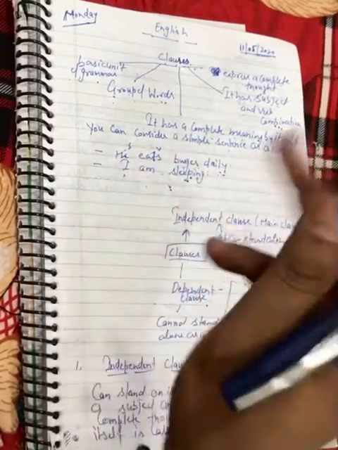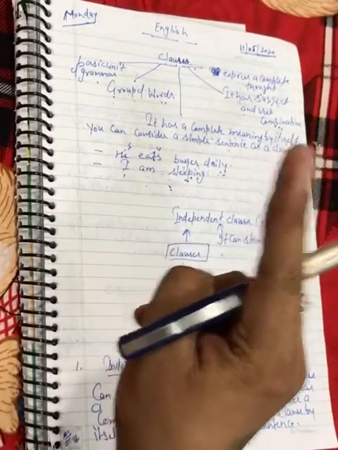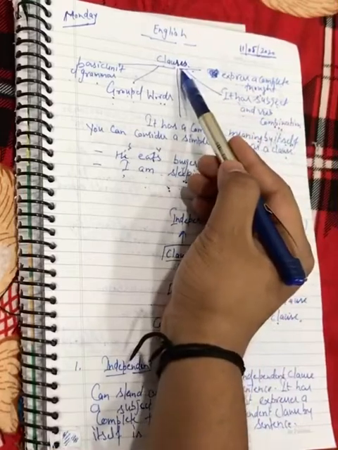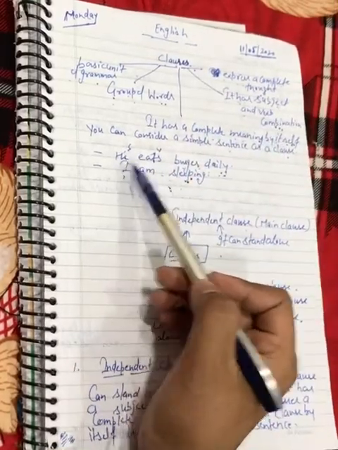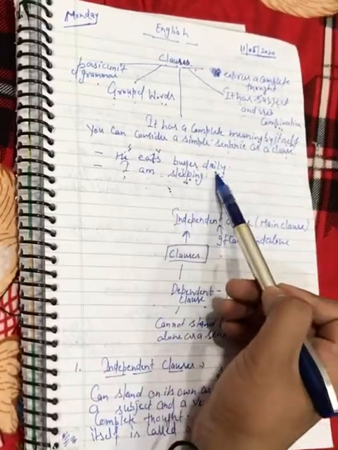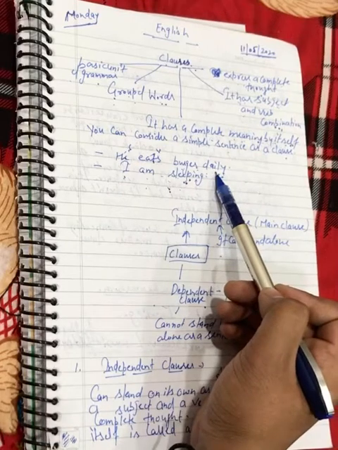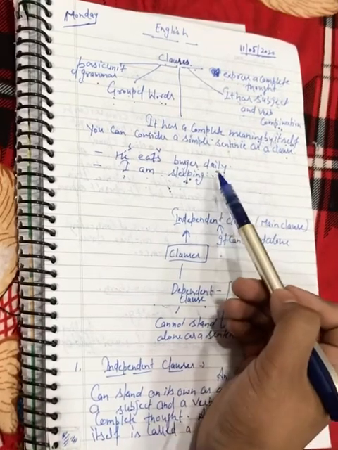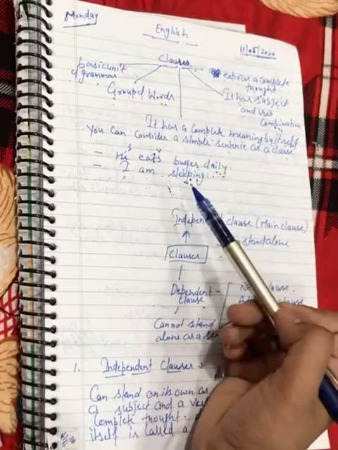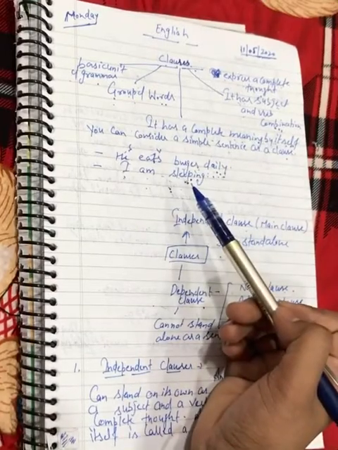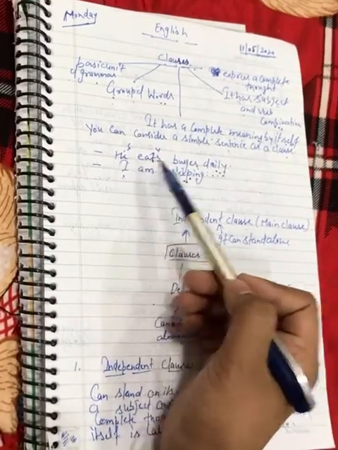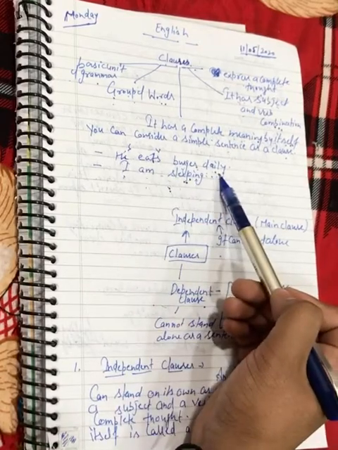Here I wrote two sentences related to clauses. The first one is: he eats burger daily. Now we can check whether this sentence is a clause or not. In this sentence we have a group of words.